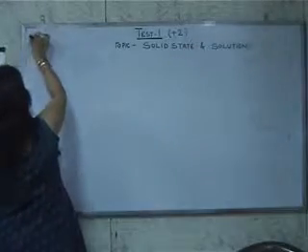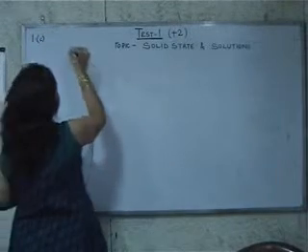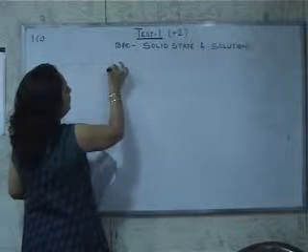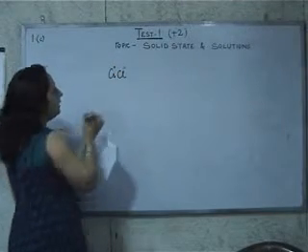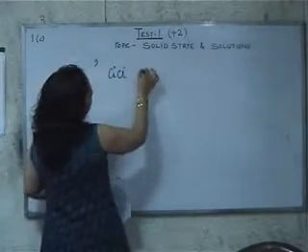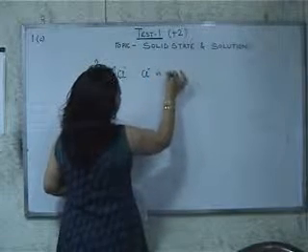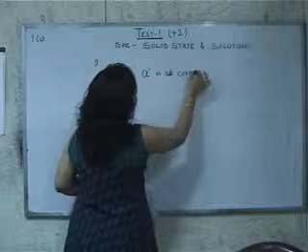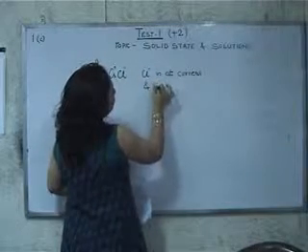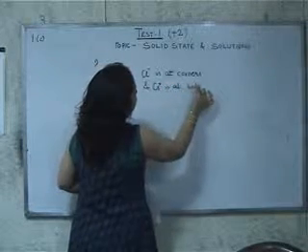Question number 1, your option is C. How it comes to be C? In case of cesium chloride, cesium is the cation, chloride is the anion. In this structure, chloride is at corners, and cesium is at body center.